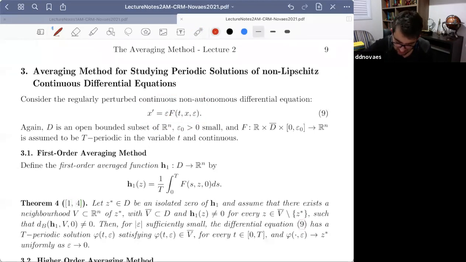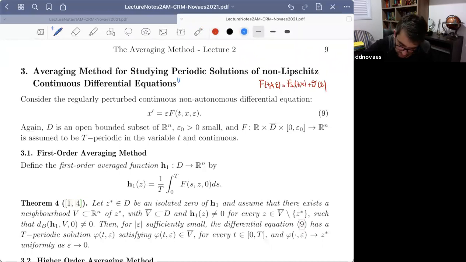For instance, even in the continuous situation, it is usually assumed that f of t, x, epsilon is equal to f1 of t, x plus order epsilon. However, this implies that f is differentiable in epsilon, so I am not going to make this assumption.